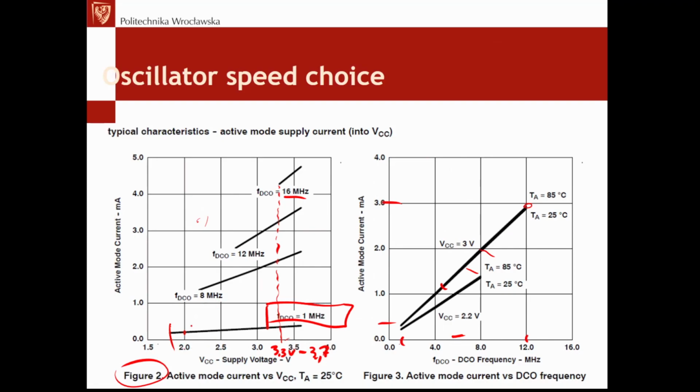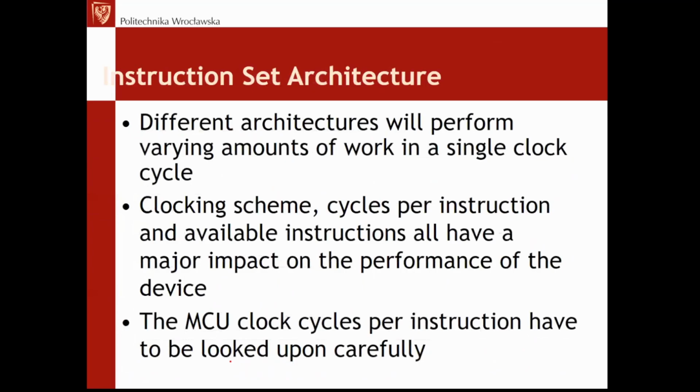So sometimes choosing the highest clock frequency has to be viewed with respect to the supply voltage that we have and are using on our board. So also have this in mind. The oscillator speed choice is not usually that difficult, but be careful about the supply voltage, I would say.